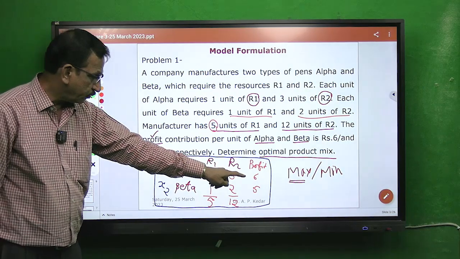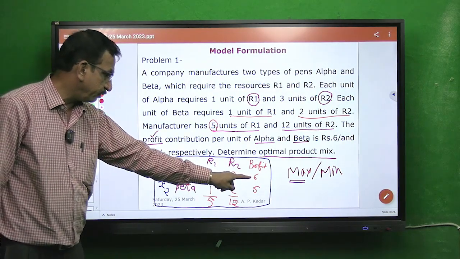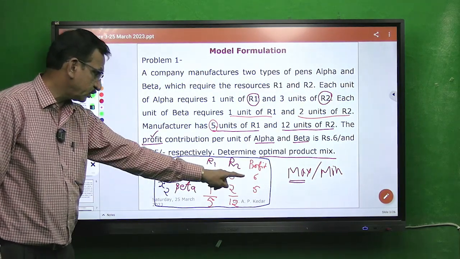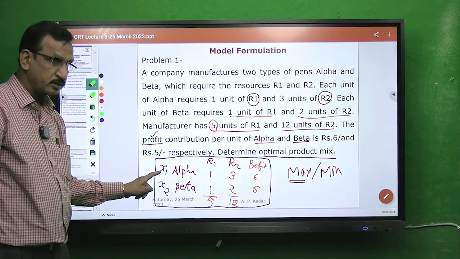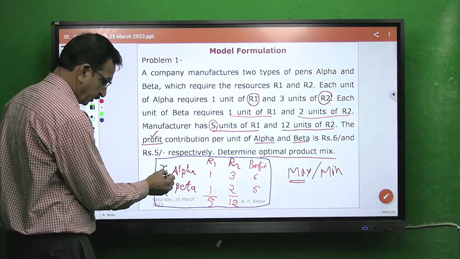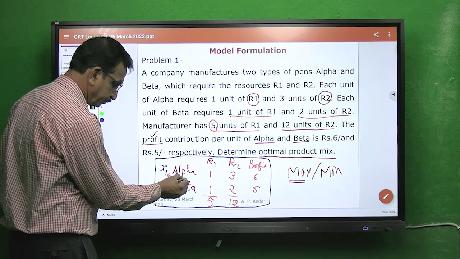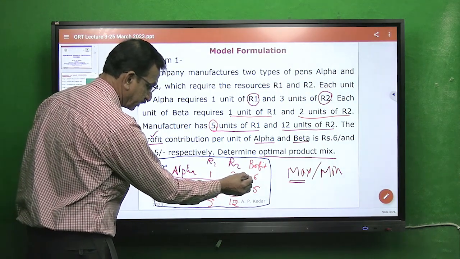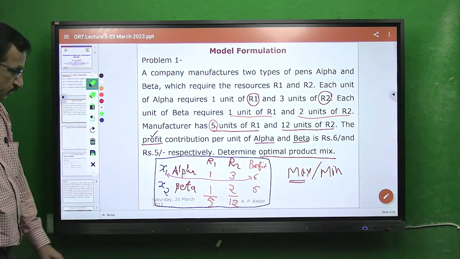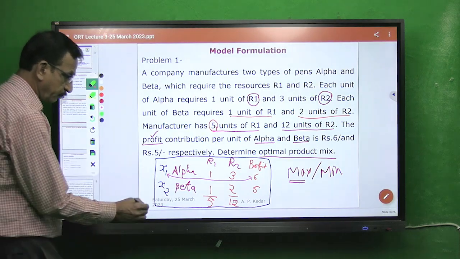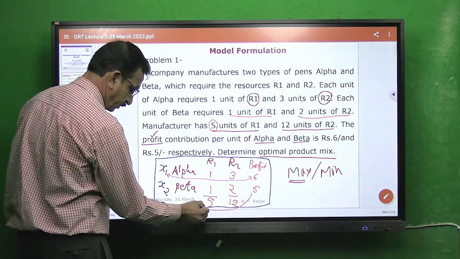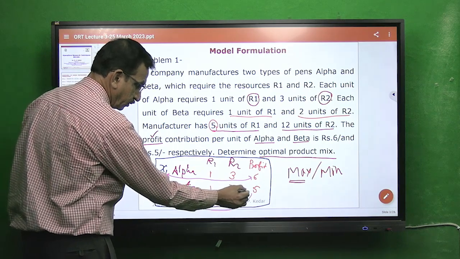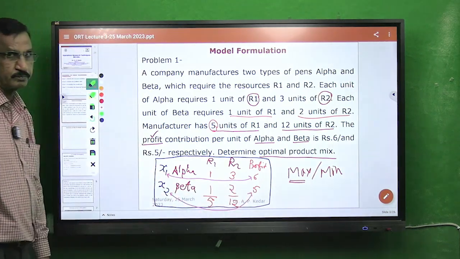On 1 unit of alpha pane, profit is 6. Suppose I am manufacturing x1 units, so profit will be multiplication of these two, 6x1. Similarly, for beta, profit will be like this, 5x2.